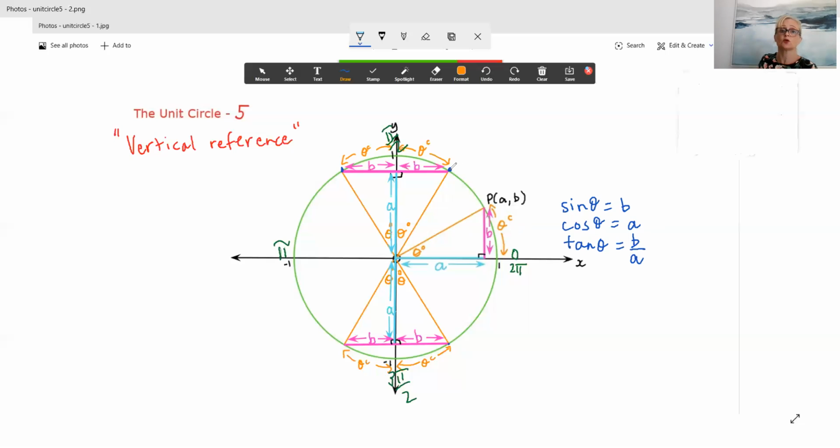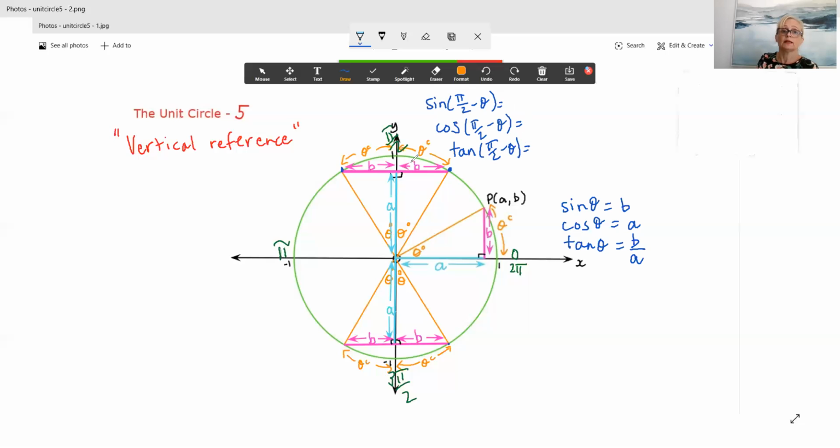Now I said that we talk about this point's position as pi on 2 minus theta. Let's think about sine of pi on 2 minus theta, cos of pi on 2 minus theta, and tan of pi on 2 minus theta. We want to think about how these relate to what we already know.